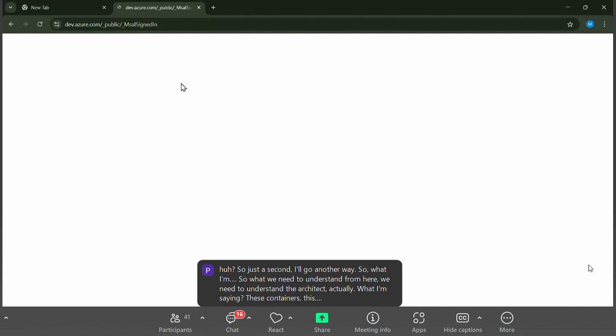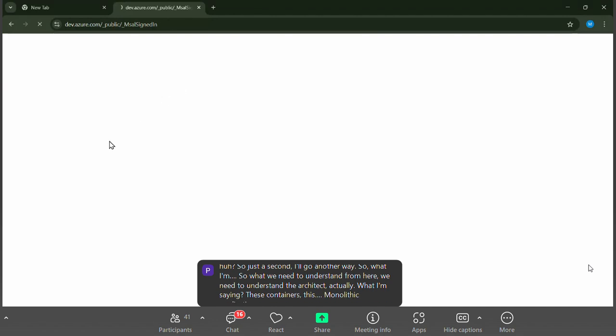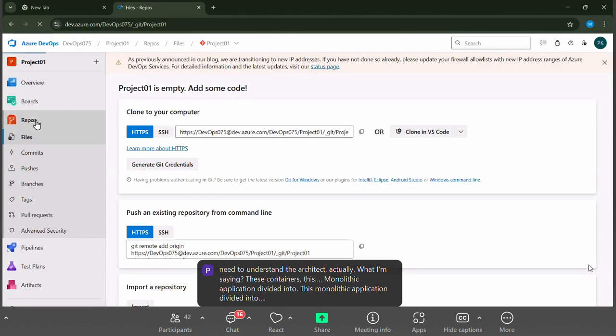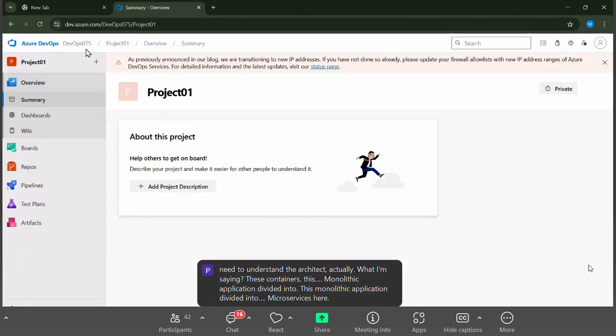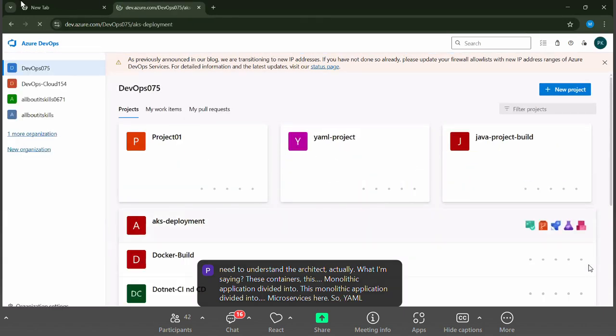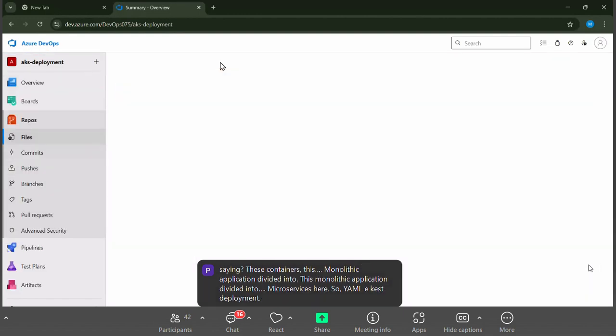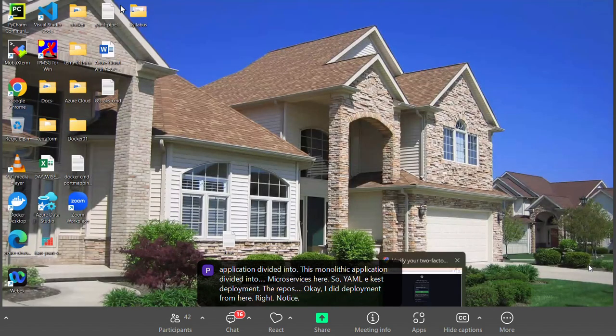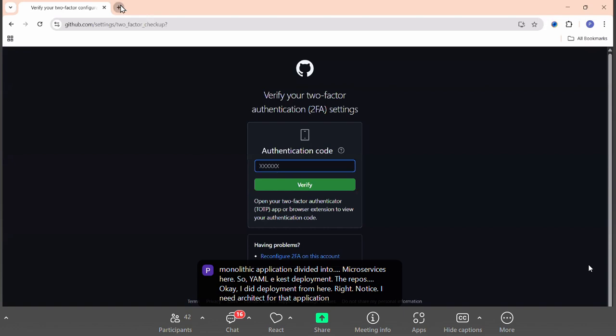This monolithic application is divided into microservices here. So YAML, AKS deployment, repos. Okay, I did the deployment from here. Now I need the architecture for that application.